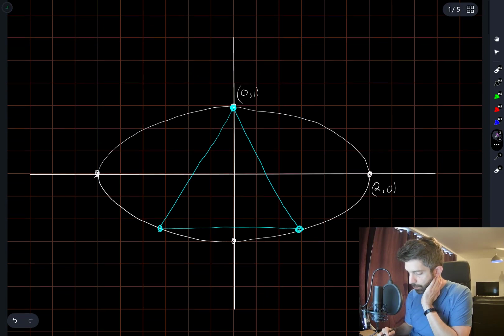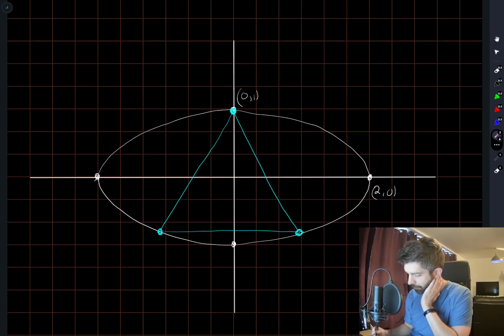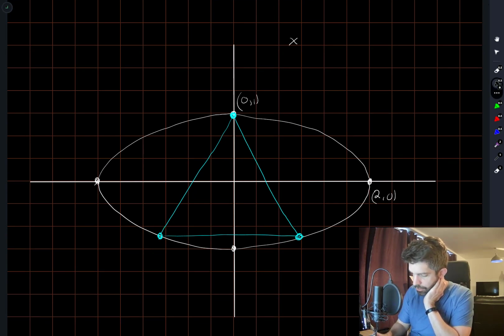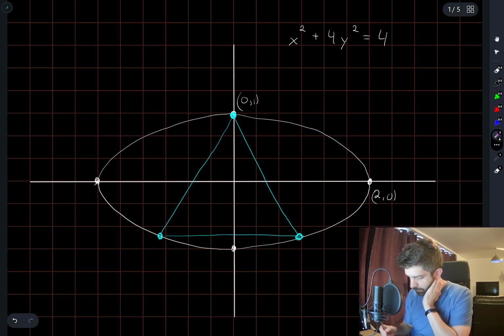So the information that we're going to use is the fact that these points lie on the ellipse, and we're given an equation of the ellipse. As well, we know that it's an equilateral triangle, so these angles are 60 degrees.